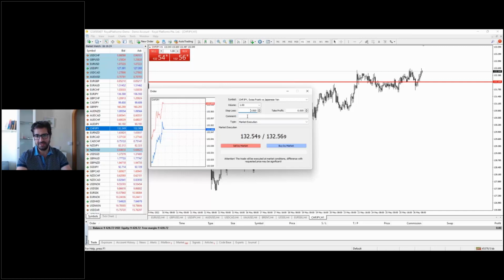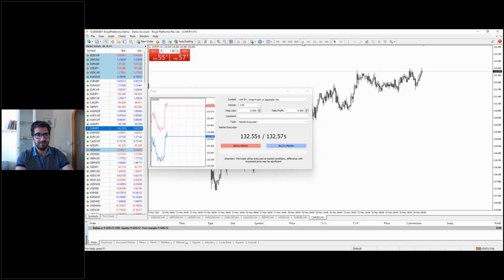So stop loss is a pending order because it's not filled yet, but if the market goes to its level, then it will be filled. Let's say I bought at the current market price, which is 132.54, but I will put my stop loss around this area here. Let me remove the first one.